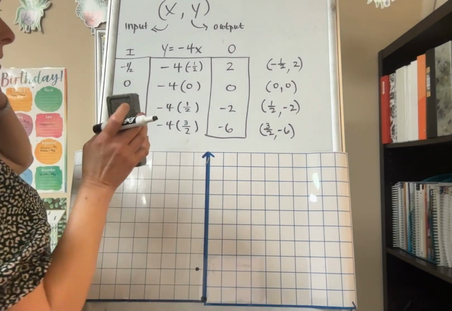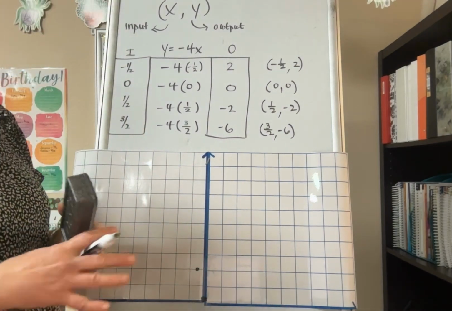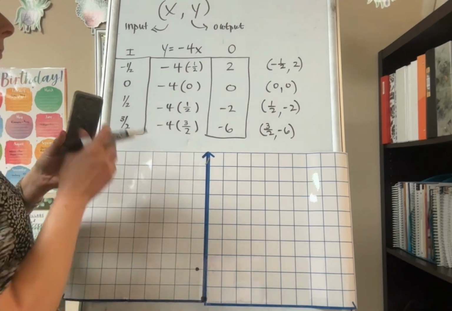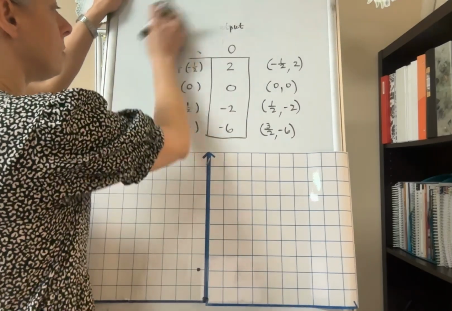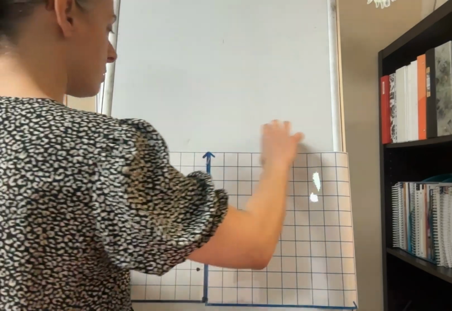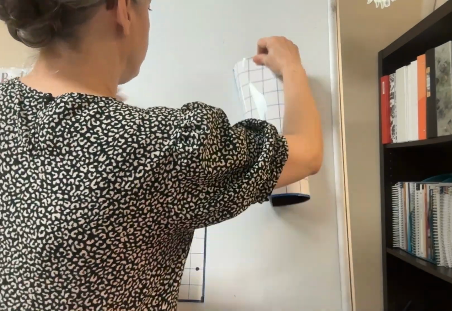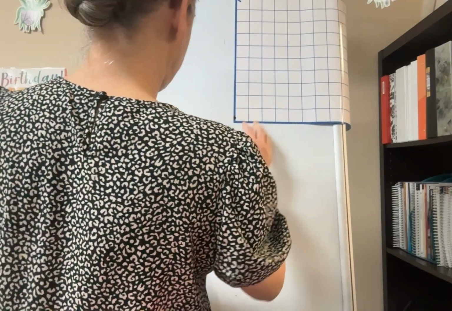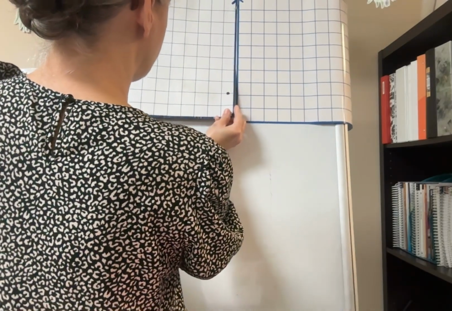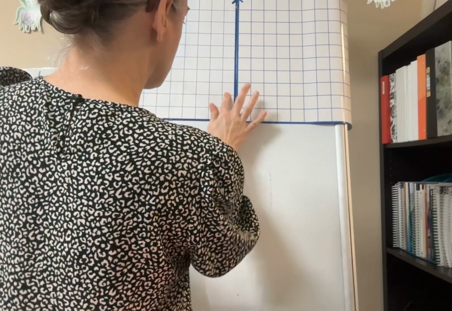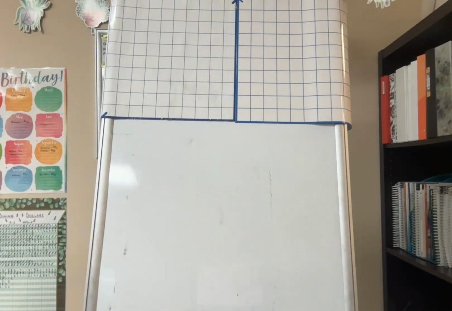So how shall we make this work? Let's try moving this graph up, seeing if it will lay flat. And see if I can get a couple more pieces on here.